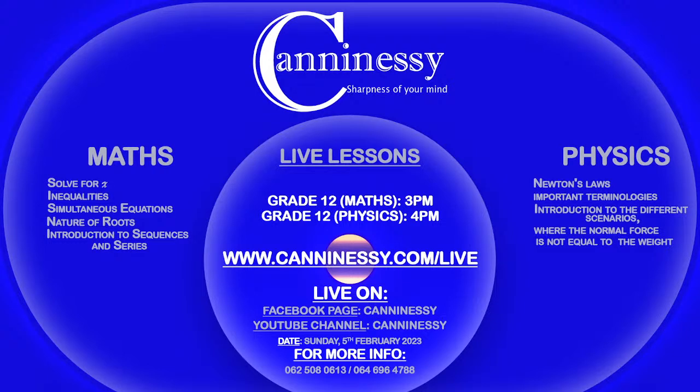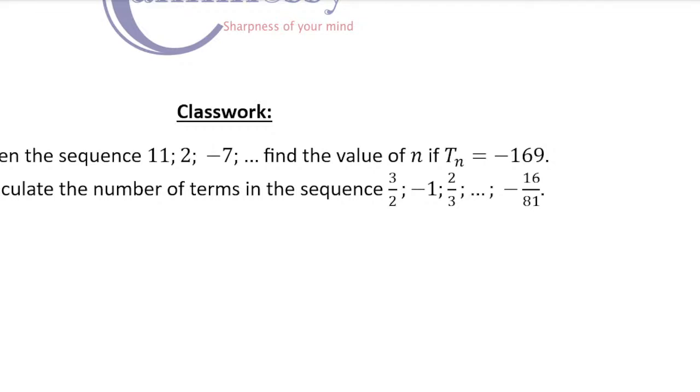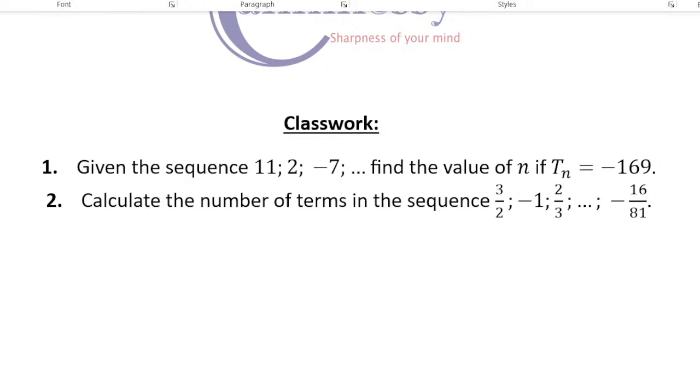All right, here I have a classwork. Given the sequence 11, 2, negative 7, find the value of n if Tn is equal to negative 69.